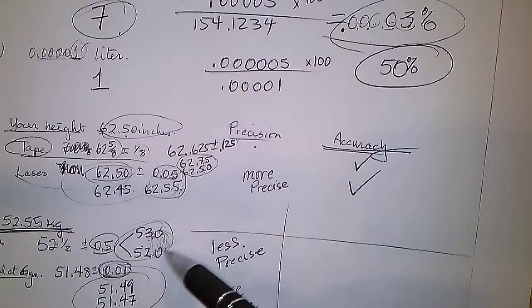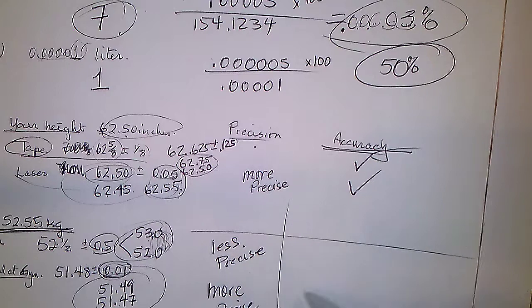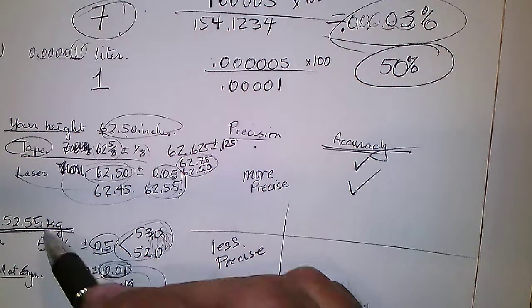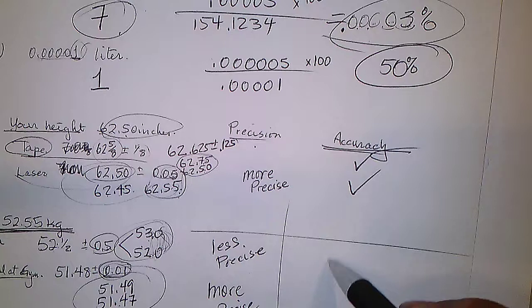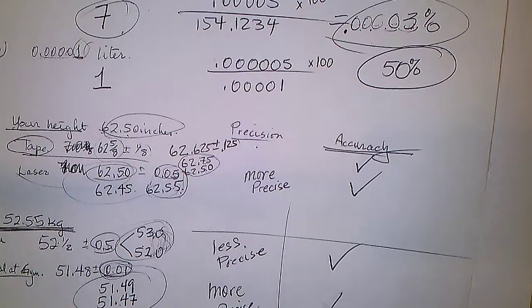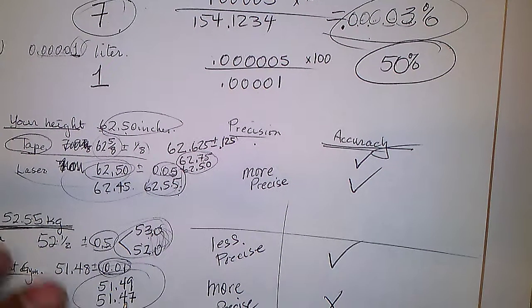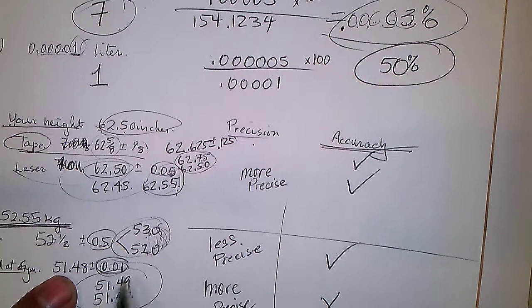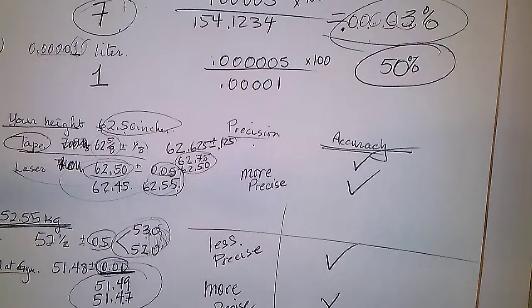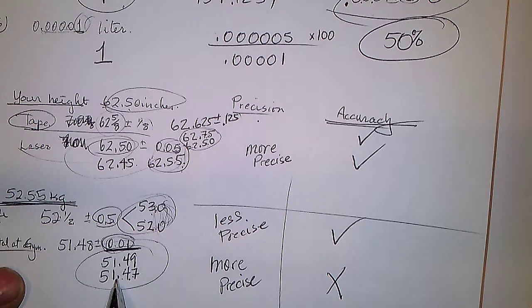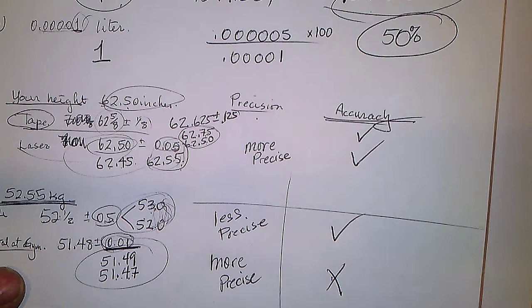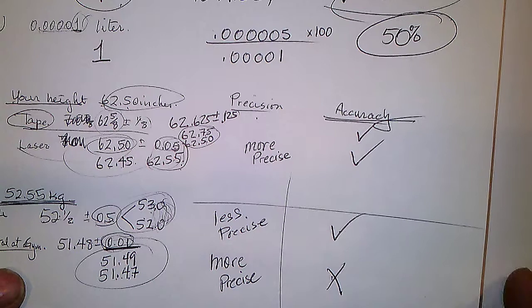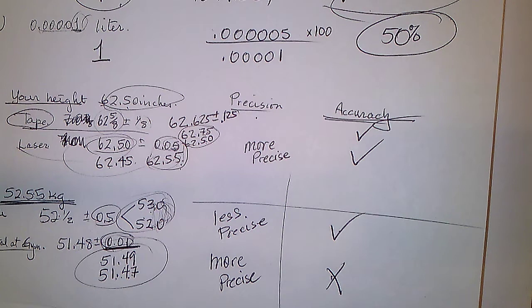How much it's off is precision. Does it have the correct answer in it? Yes. And so this one's accurate, and this one is not accurate. If you really weigh that much, it's saying it's down here. So even though it's giving you a pretty precise answer, it's not the correct answer. So not accurate. This one is accurate. That's what I want you to understand.